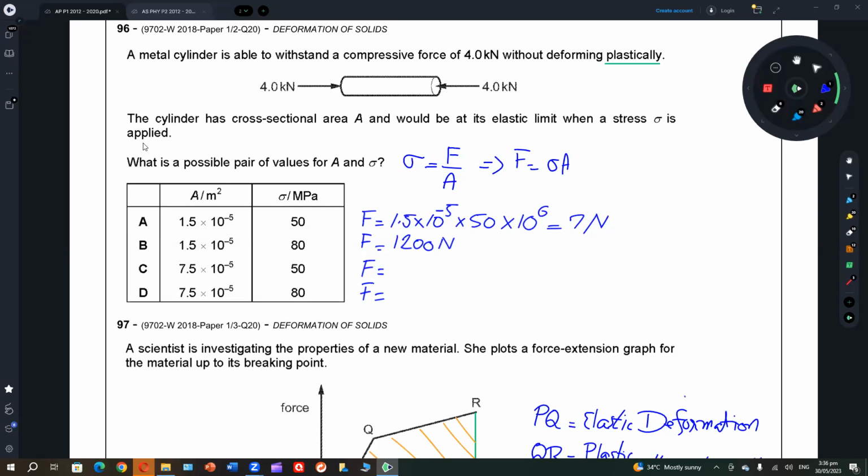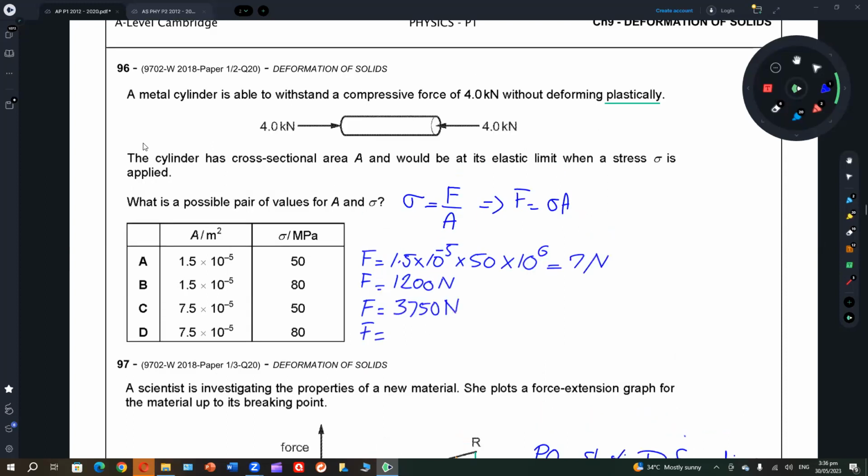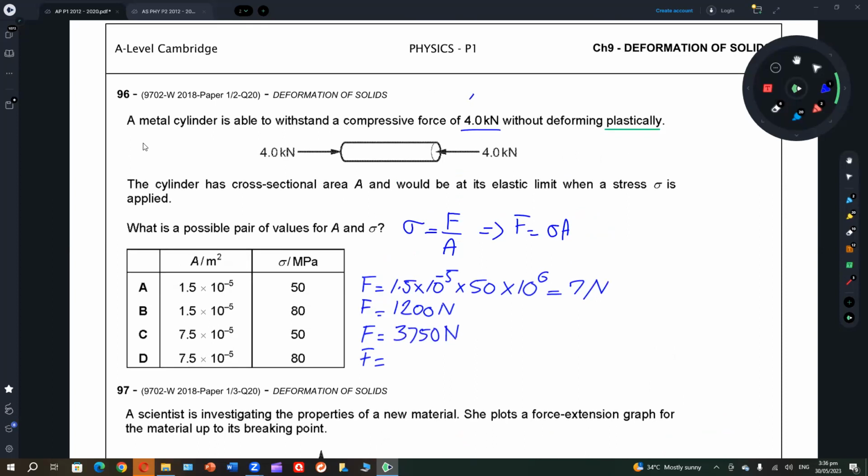The third one, C, is 3750. And the last one is 6000. So will we take C as it is the closest? What did you say for the last one? 6000.